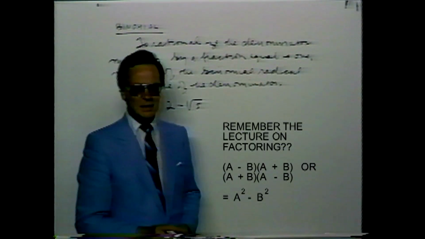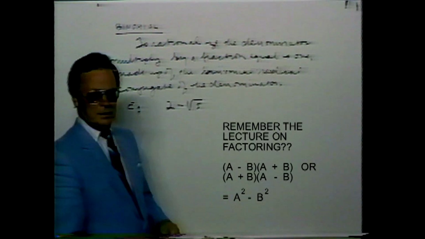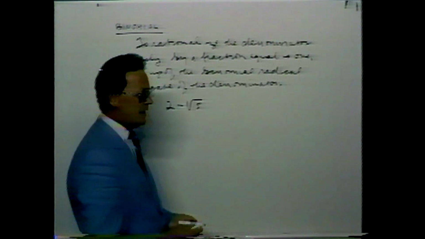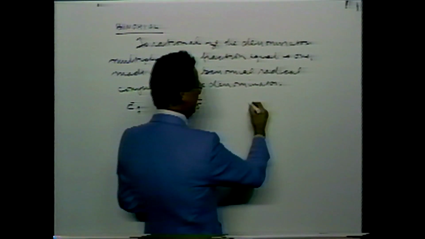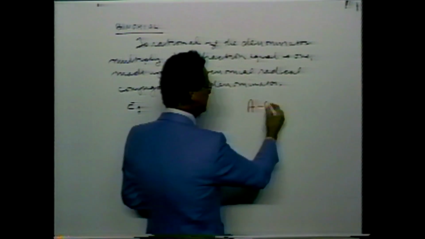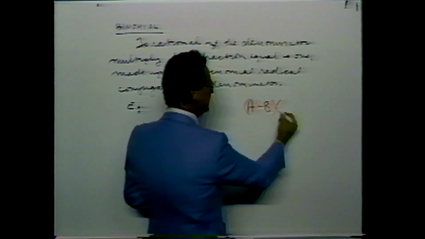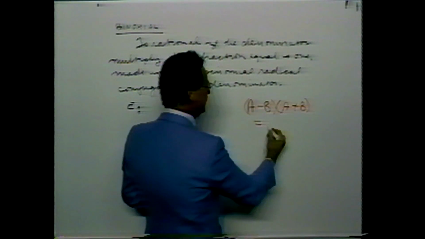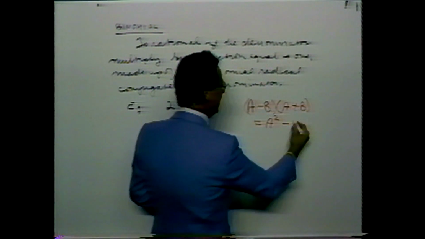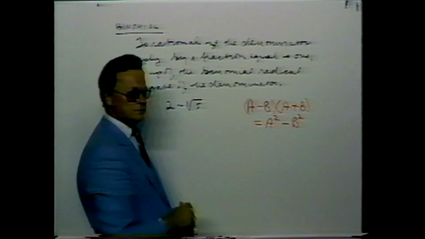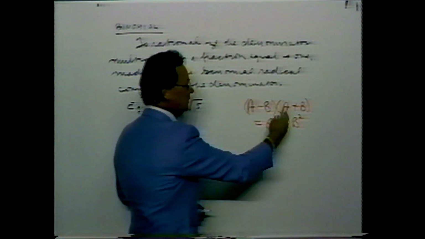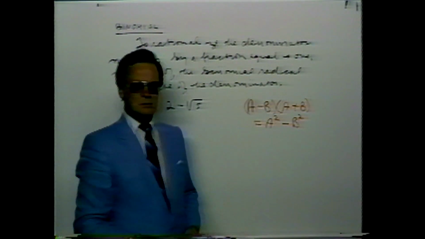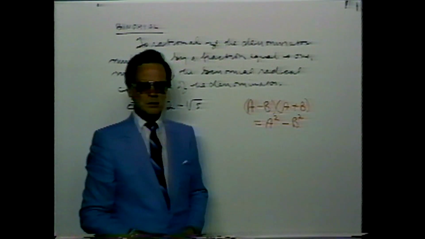Recall in a tape on factoring that a minus b times a plus b is equal to a squared minus b squared. Of course, the order of these two binomials will not make any difference.